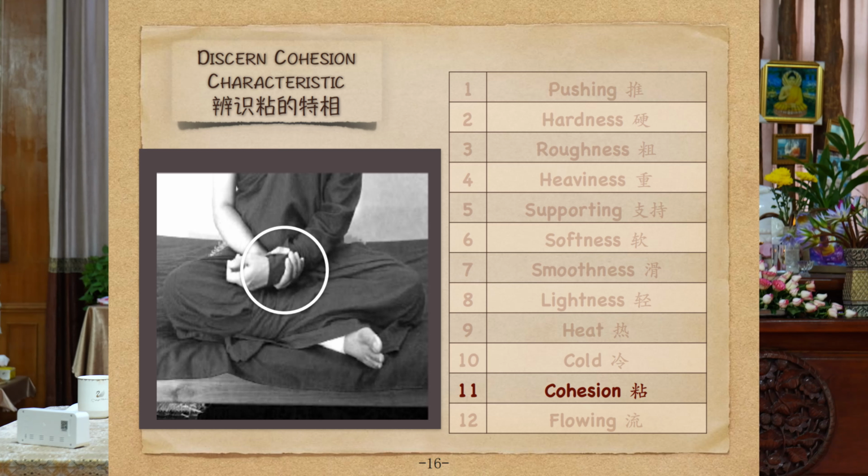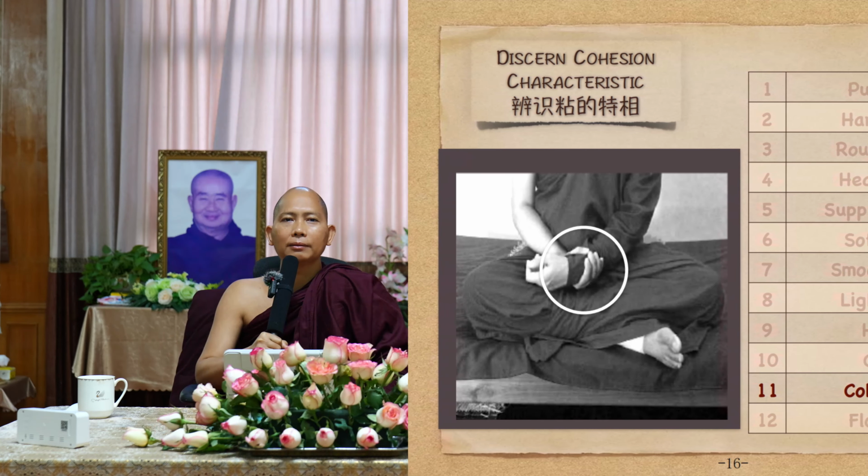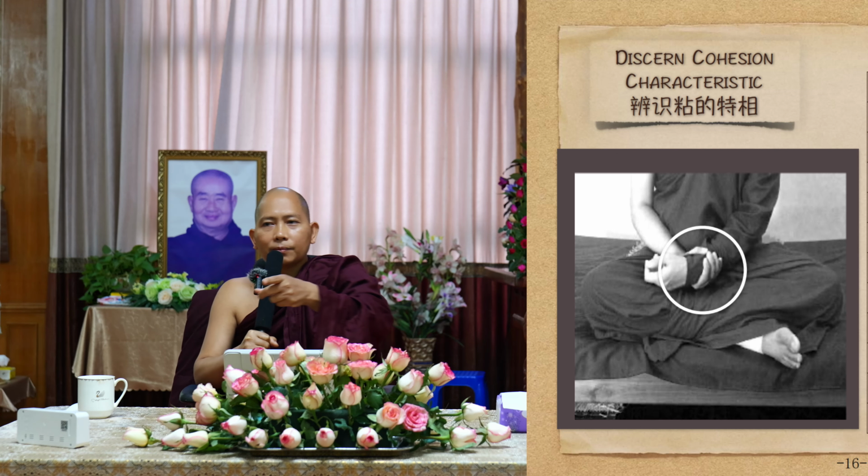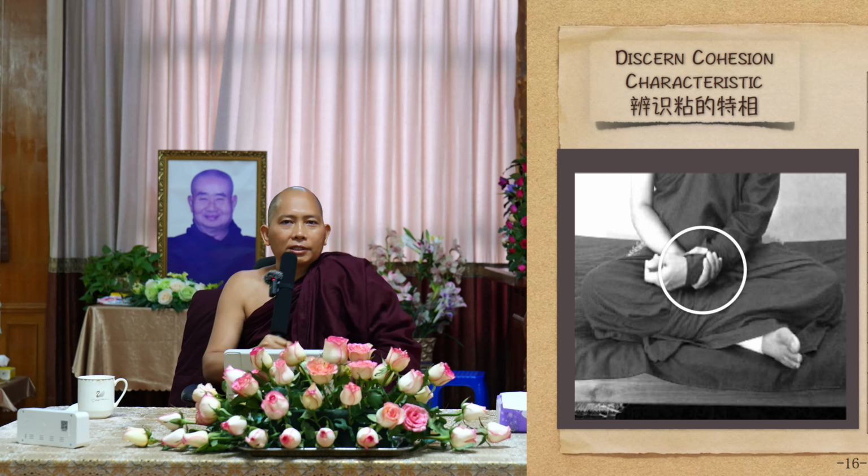characteristics. Cohesion, there's also cohesion in your body. If there's no cohesion, your body will become many pieces, many small particles like rice powder. Because of cohesion, you can see your body is solid, as a group.